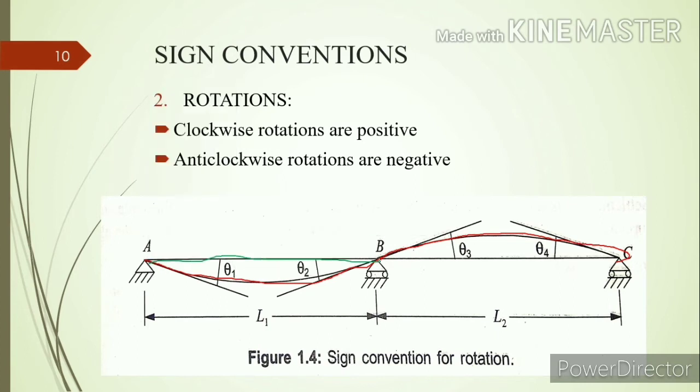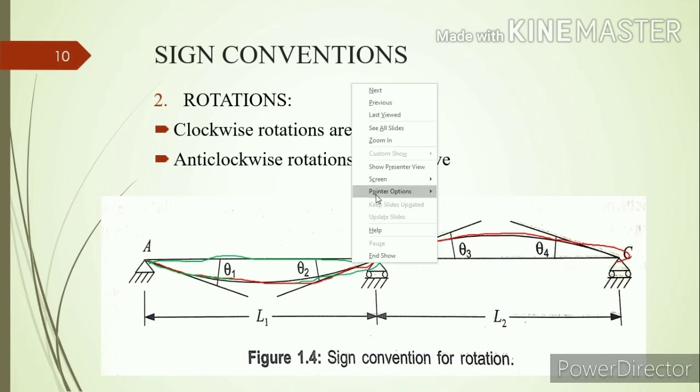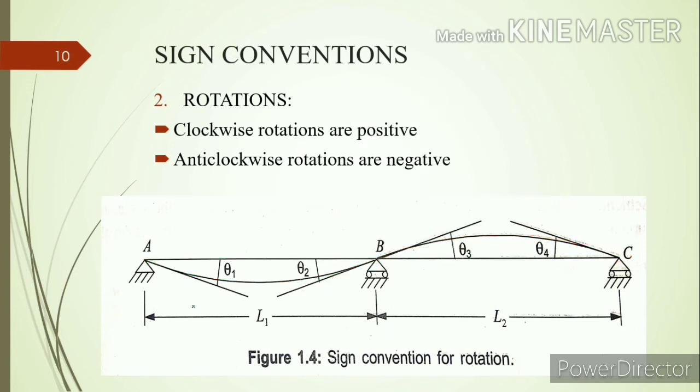This is the initial member AB. After applying loads, the member gets deformed to a new shape. This is member AB before applying load, before deformation. After applying the load, the member AB gets deformed to a new shape. This is the deformed shape of the member AB.